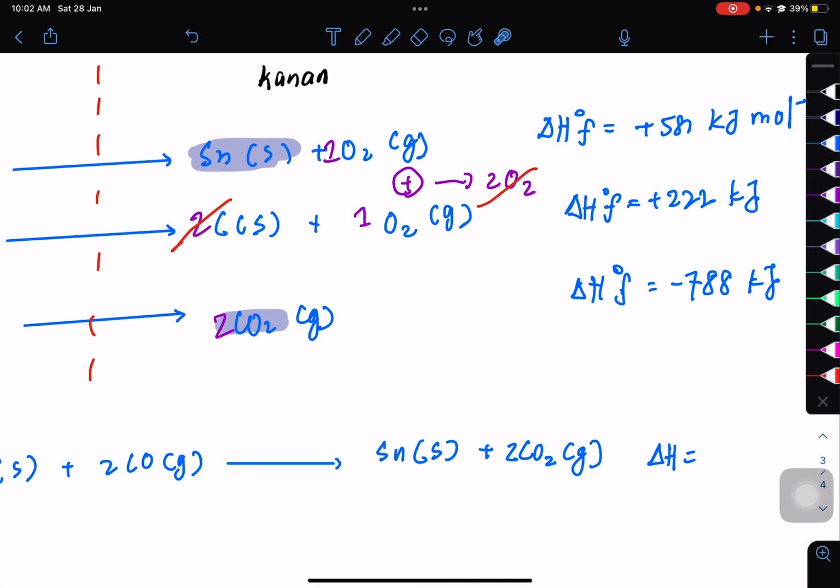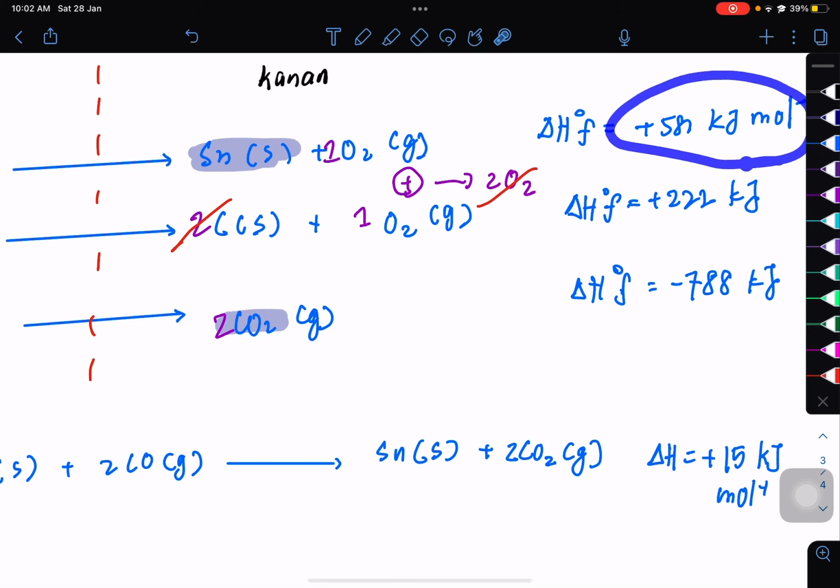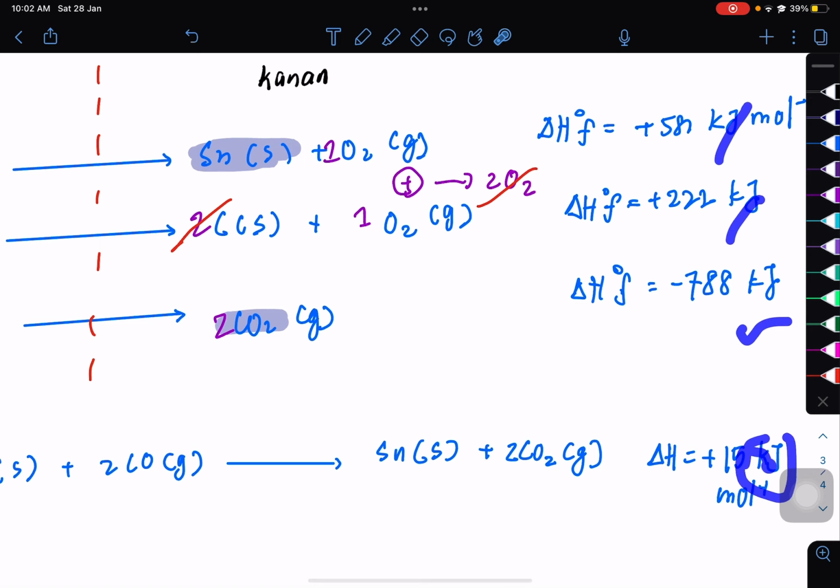So 581 tambah 222 tolak 788. So you akan dapat positif 15 kilojoule per mol. You ikut yang different ini, kilojoule per mol. Kalau semua kilojoule, you ikutlah kilojoule. Okay.